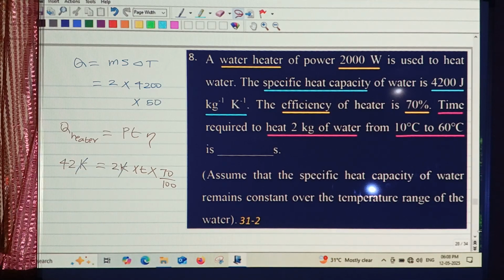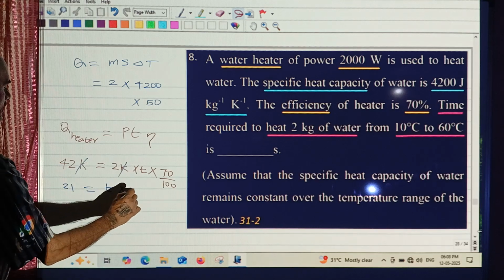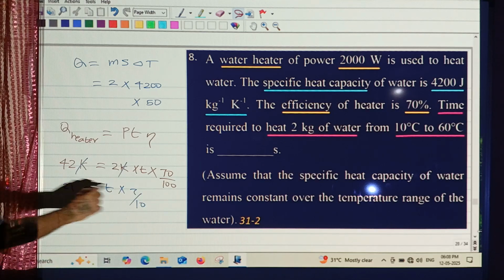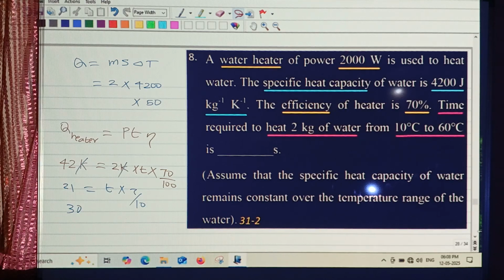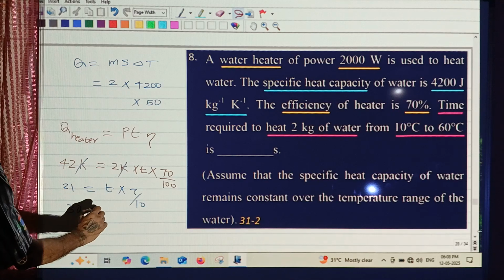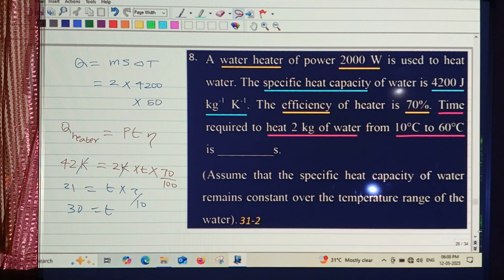Cancelling K and 2, we can make this 21 into t into 7 by 10. So 7 will go 3 times.